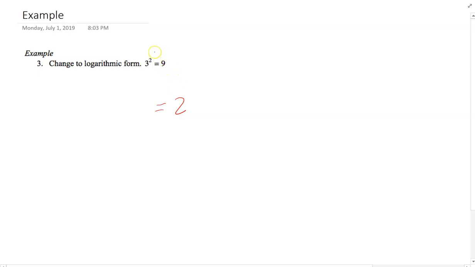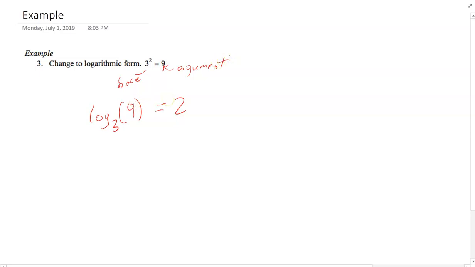So this is our exponent, 3 is our base, and the 9 would be your argument. So log base 3 of argument 9 equals 2. That means, if we did like we did previously, 3 to the second equals 9.